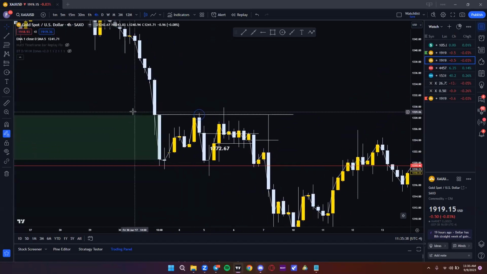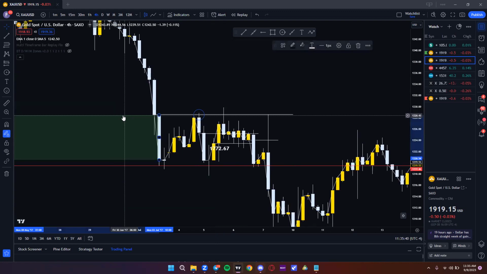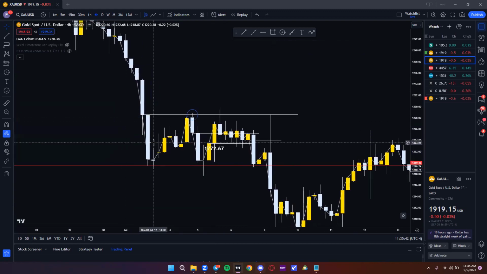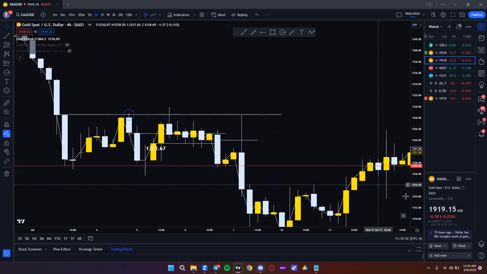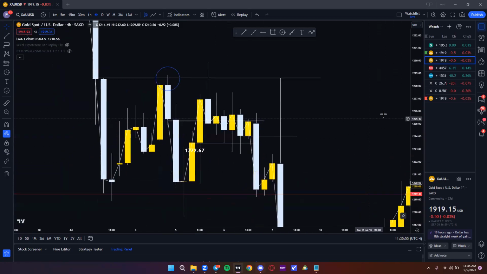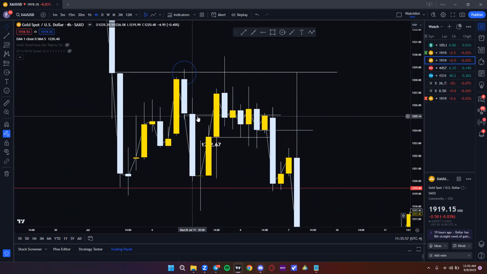So let's look at this really quickly. On H4, what you can see is that upon this rejection, it closes. So this is type 2, right? It took 2 candles to consume the open of this candle.